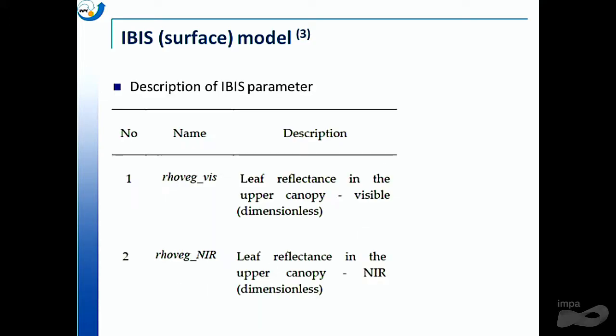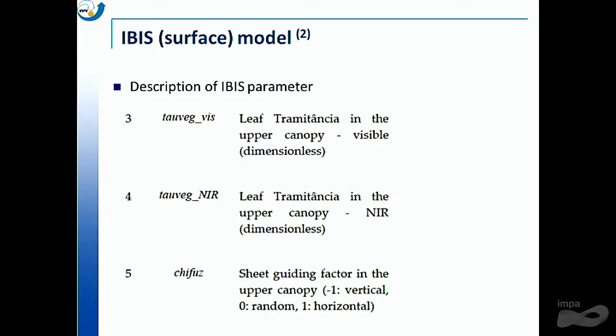Okay, and so, for example, a list of parameters, I'm not going to do an exhaustive list of these parameters. It's a dozen parameters. For example, the leaf reflectance in the upper canopy, in the visible range, and the same thing, but considering the near infrared band. Another parameter is leaf transmittance in the upper canopy, in the visible band.